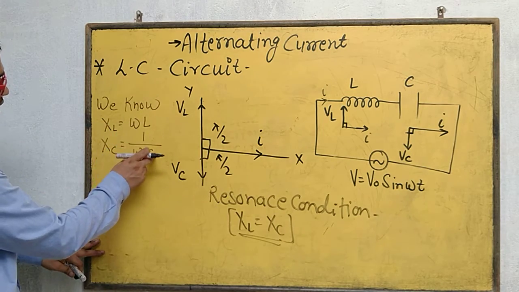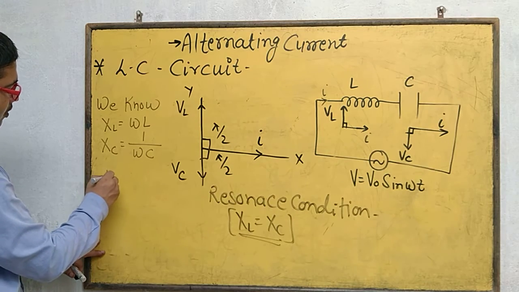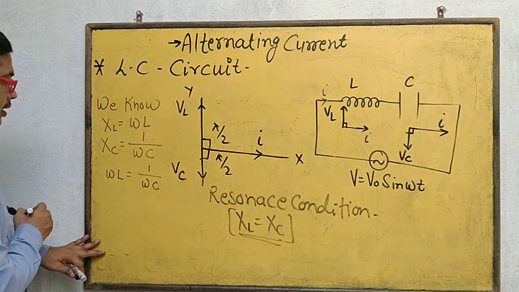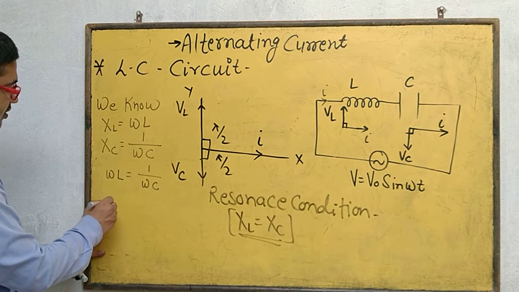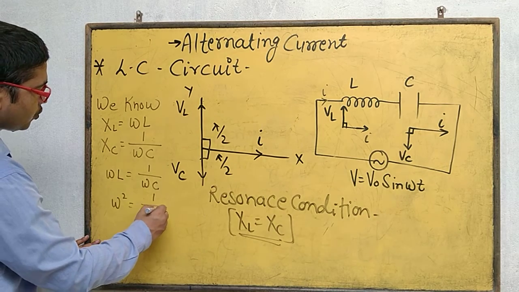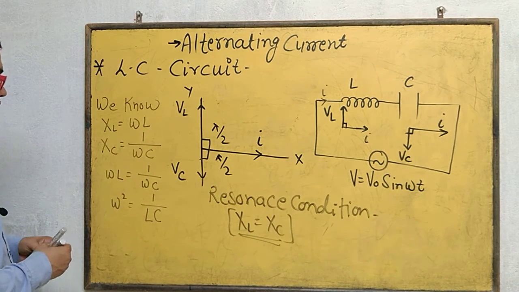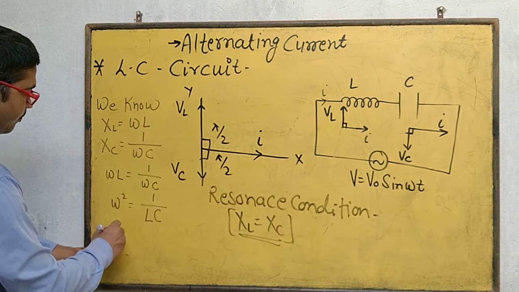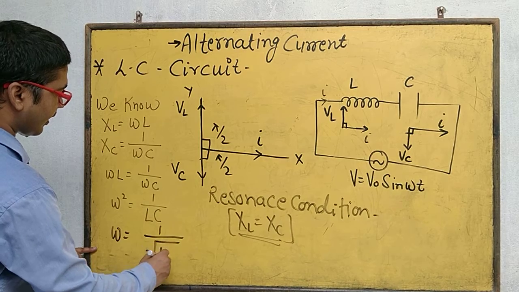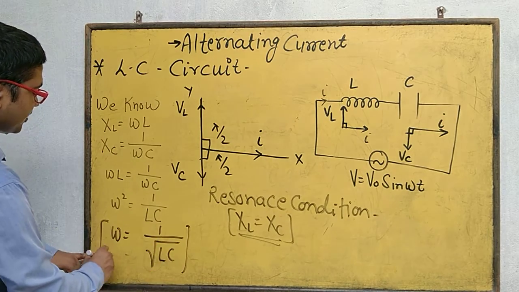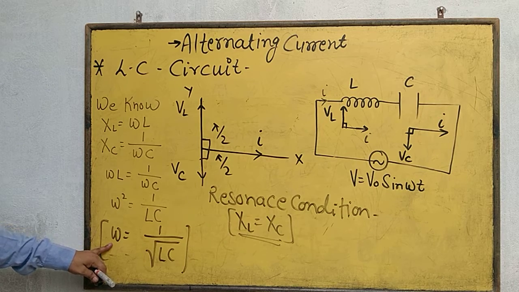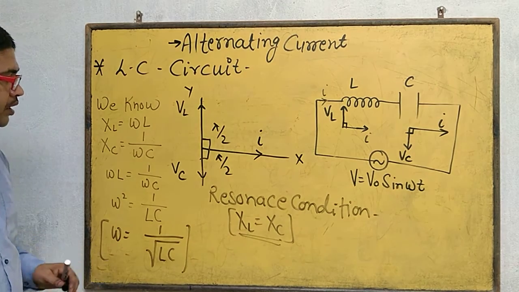If we equate them, we get omega L is equal to 1 upon omega into C. Now you can rearrange the equation and you will get omega square is equal to 1 upon L into C, or you can write omega is equal to 1 upon under root LC. So this is the equation of the angular frequency in the resonance condition of an AC circuit.